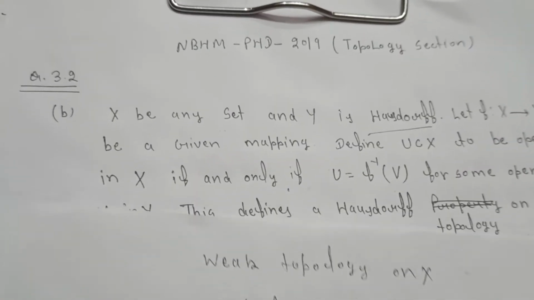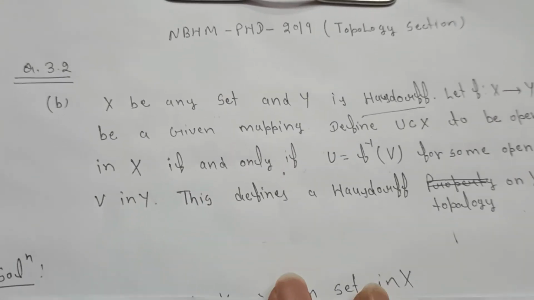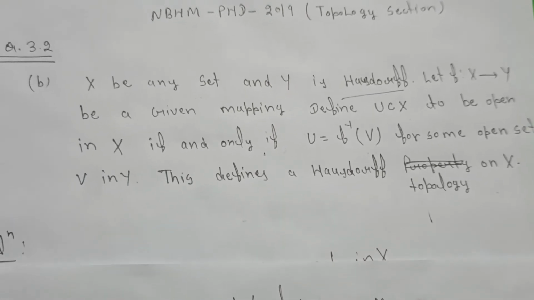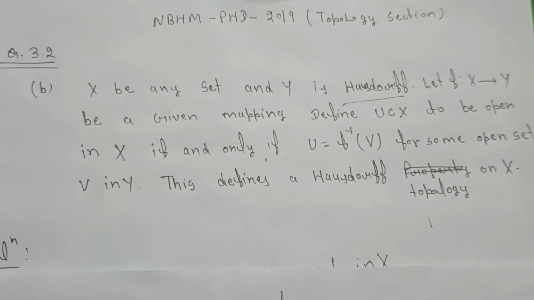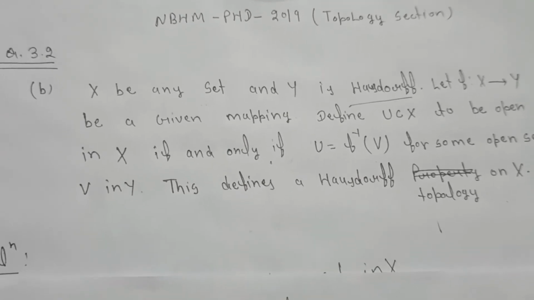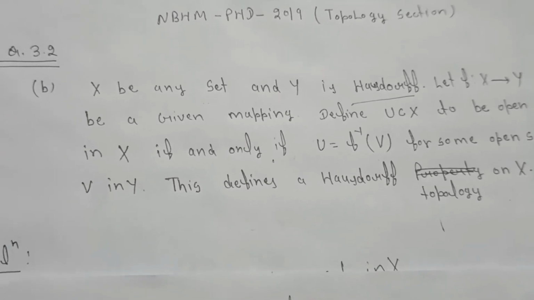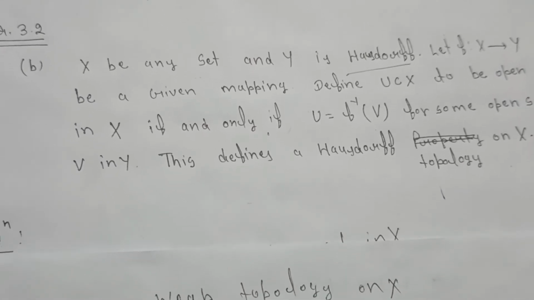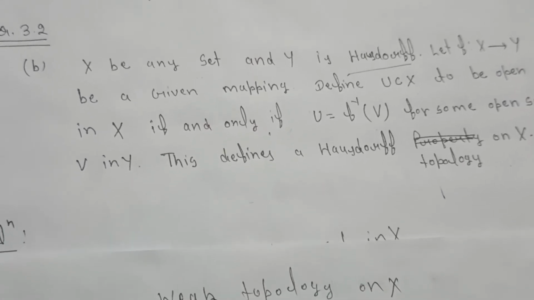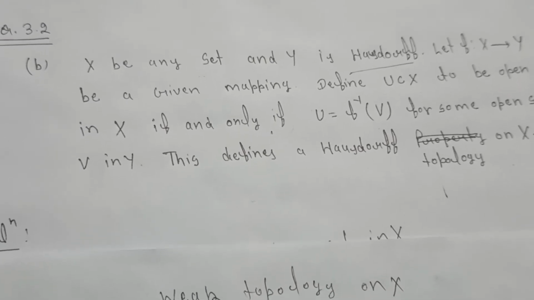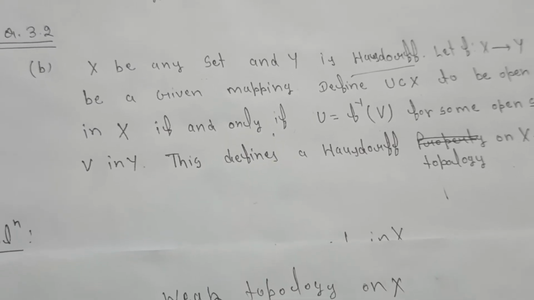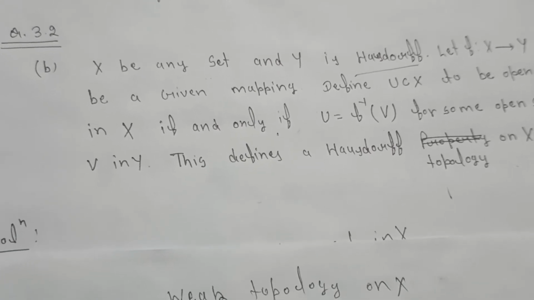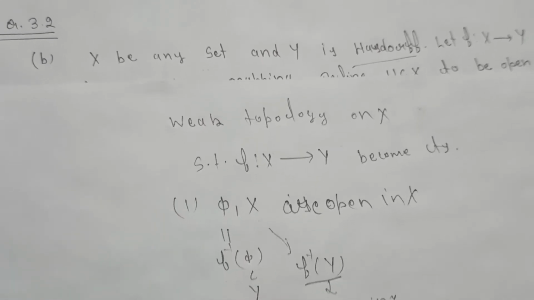If the statement is true, that is, if this defines a Hausdorff topology on X, then it has to be true for every f. Any f you take from X to Y has to give a Hausdorff topology. If this is not true, what does it mean? We have to fail it for at least one f such that this does not become a Hausdorff topology, and that is a very easy example.